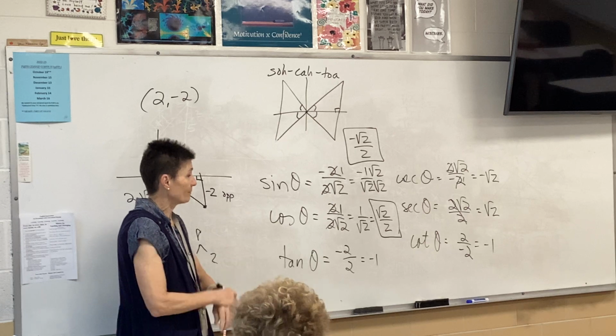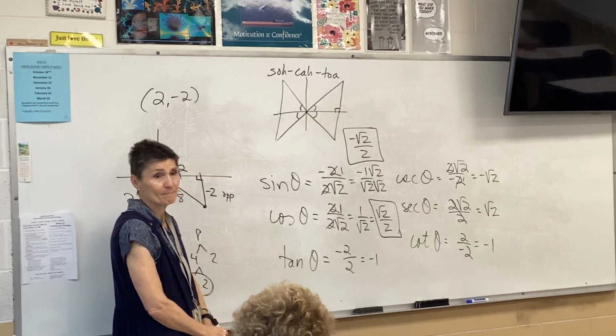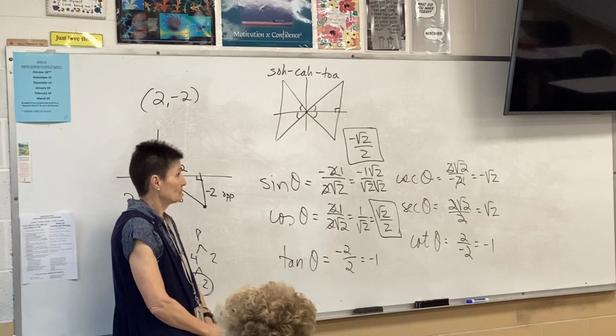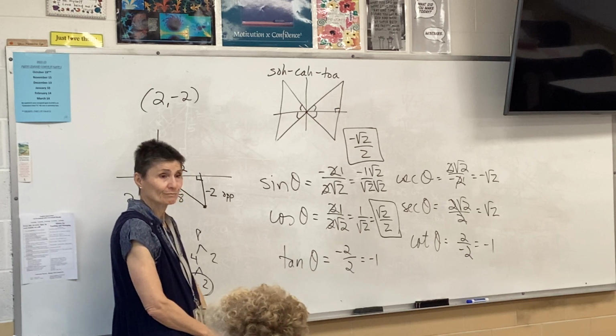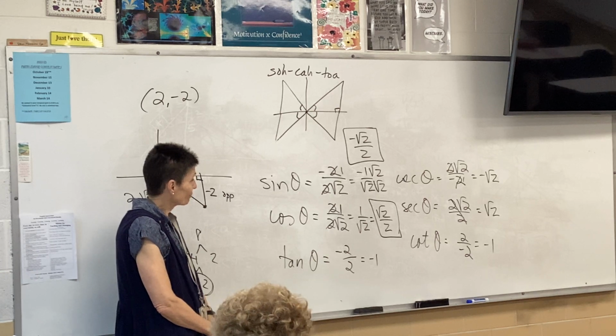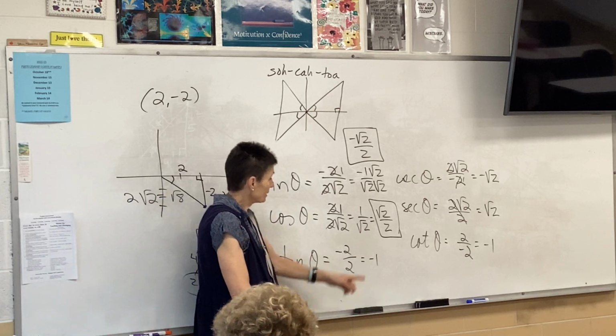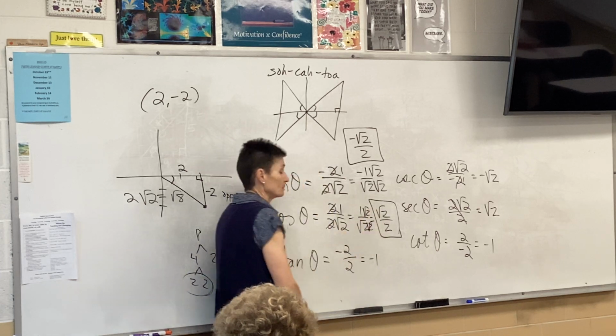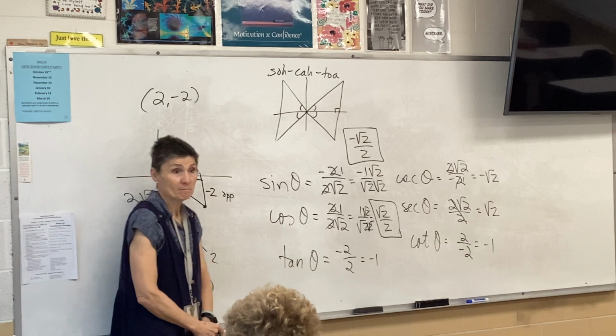We had to do a lot more arithmetic that time. For cosine, why would it be root 2 over 2 if it's 1 over 2? Because you have to rationalize it, so you multiply the top and the bottom by root 2. Oh, okay. You don't like radicals on the bottom.